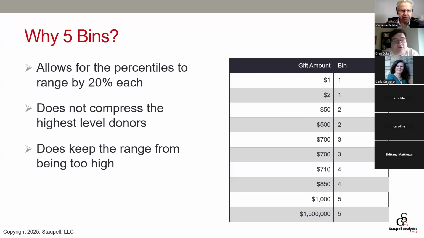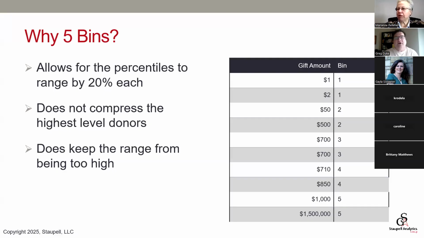No, one thing I would say is that, and I'll be talking about this when Marianne and I have our little debate, is you can see here that this is a bin that includes only gift amounts. And there is a debate on whether, if someone has given a gift amount of 0, do we count them in bin 1?